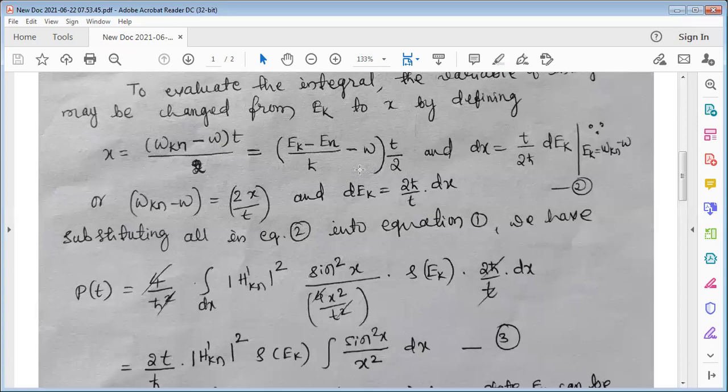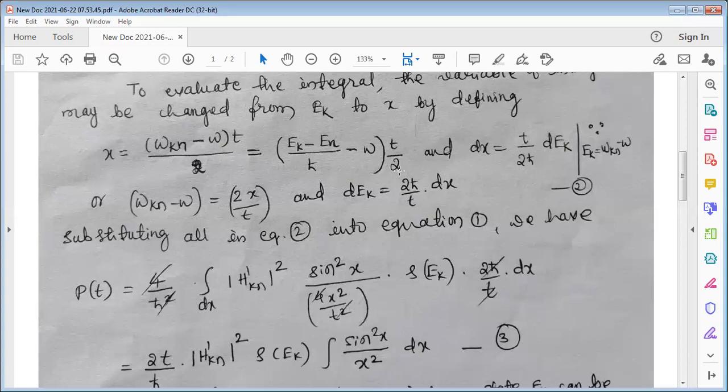So after differentiation, this becomes dEk divided by h cross, multiplied by the t divided by 2 term. So dx is equal to t divided by 2 h cross into dEk. That means it is differentiated with respect to energy, not the time, which is why t is kept as it is.